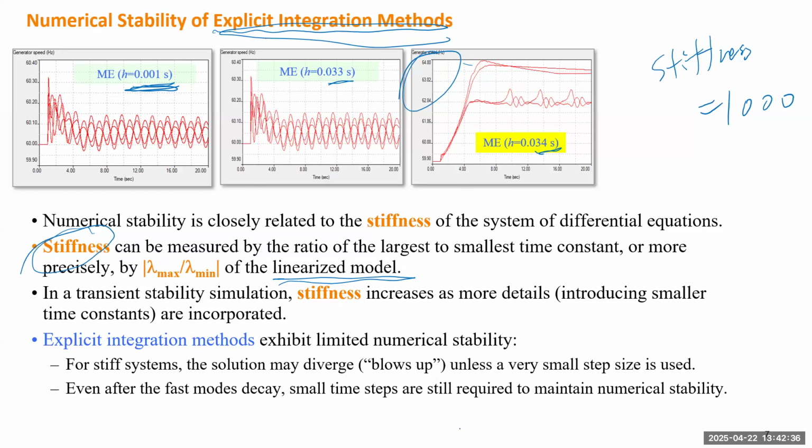Even after the fast mode decays, the small time steps still need to be utilized to maintain numerical stability. So if I have a very stiff system, with that ratio, lambda max to lambda min, very large, you need to use a very small time step and finish the simulation for a long enough time.